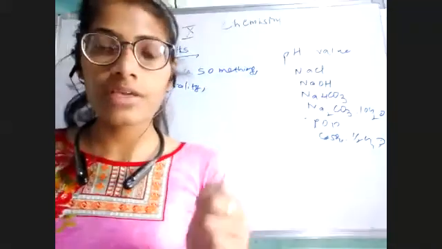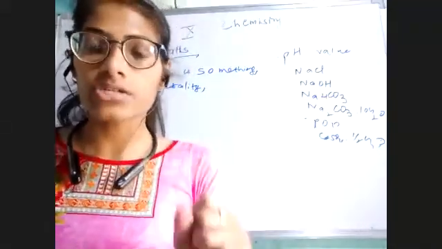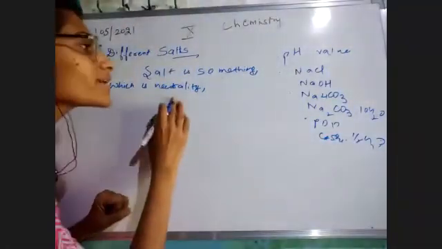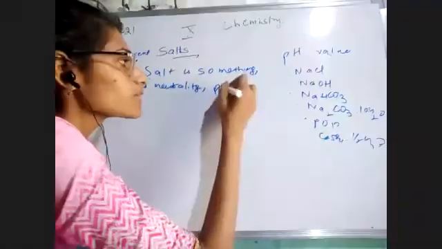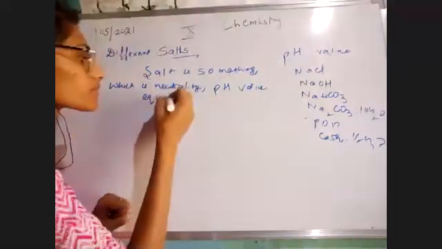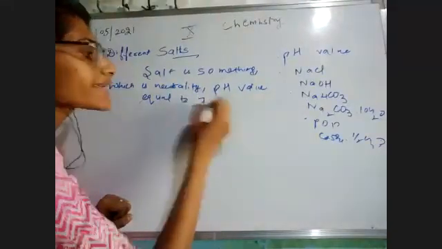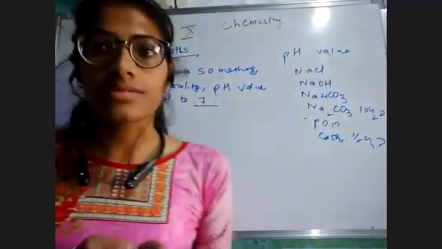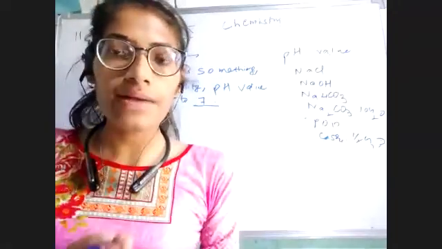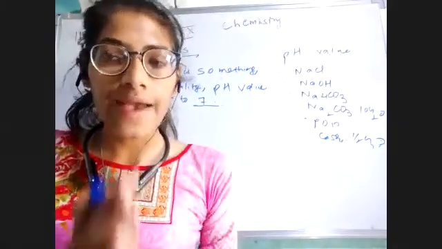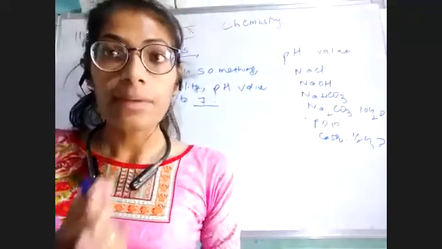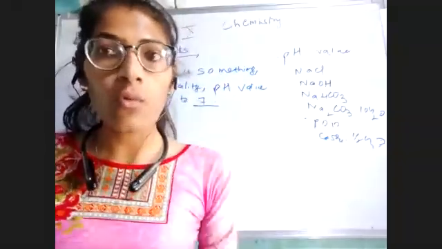I have just given you a brief and detailed discussion about the pH value in our last class, that a salt must have a pH value equal to 7. Only then we can say that yes, this is our pure neutral salt. But is it true for all the salts?